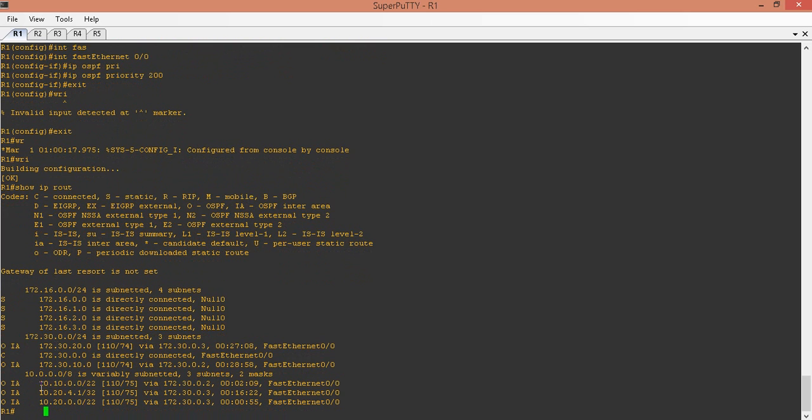Good. 10.10.16.0/22 is a summary address of those loopbacks from router 2, and this is the other one from router 3. So the routing table is now optimized.